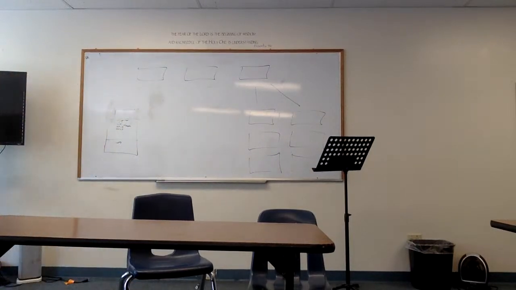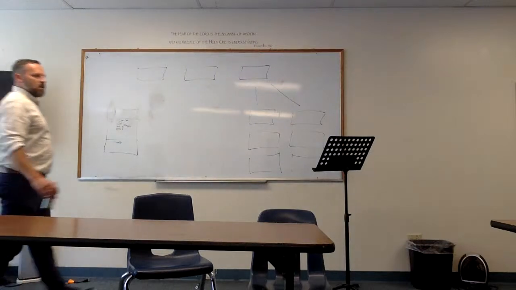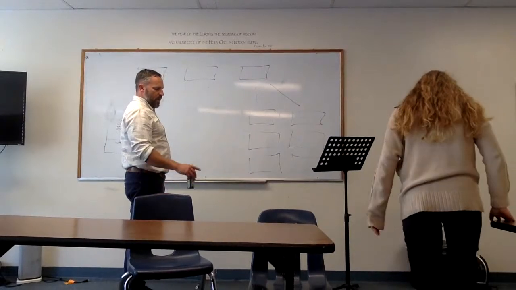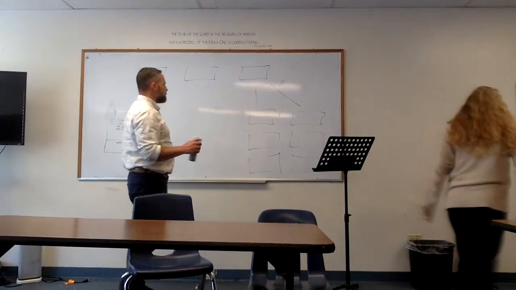Might be part of it is the erasers. Yeah, the erasers. Julia, would you mind getting me one of the erasers from one of the whiteboards in the portable, actually? Sure. Thank you.